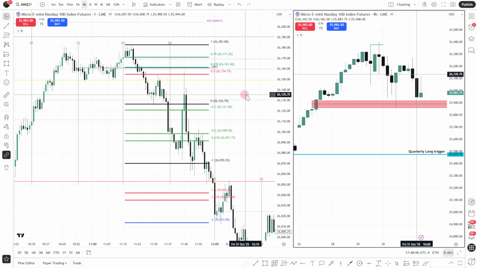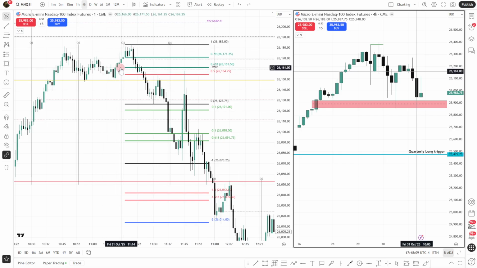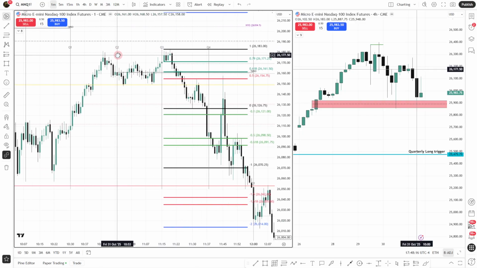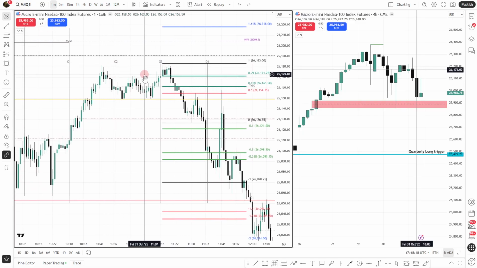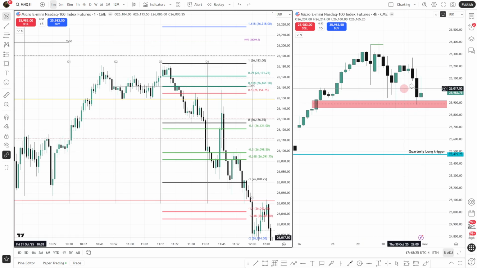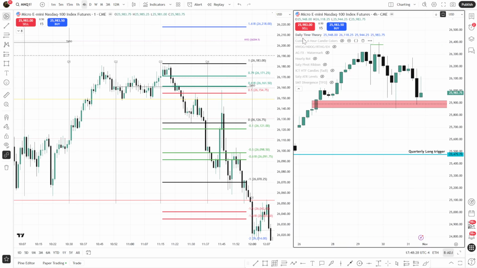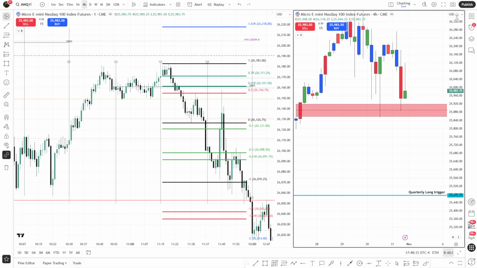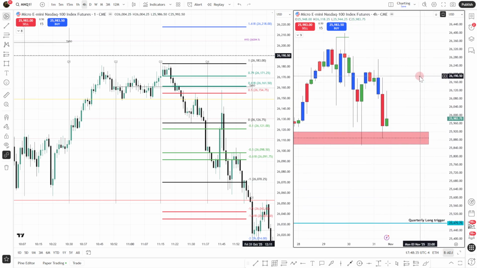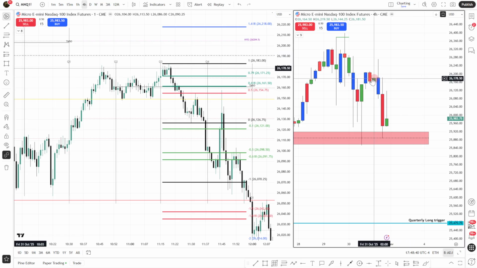Yeah, you're looking for the range that actually balances or really sets the tone for liquidity, right? And usually you're going to get a couple false highs first. So again, if we look back to the higher time frame, and I'm marking stuff out, okay, what do we have here?